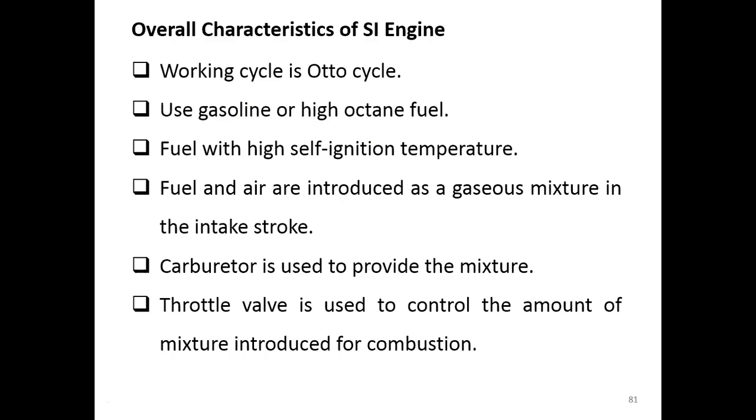So fuel and air are introduced into the combustion chamber as a mixture for the Otto cycle. And to create the mixture, we use the carburetor. That's why we talk about carburation, and later on we talk about injection. So here is to provide the mixture.